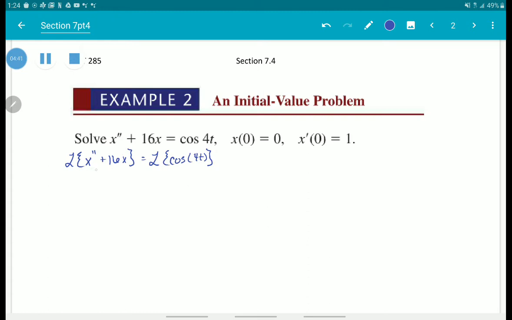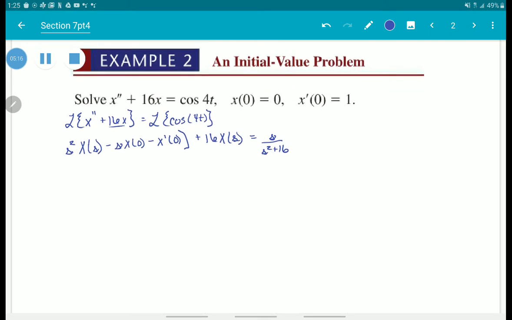So if we take the Laplace of x double prime, we'll get s squared, capital X of s, minus s x of 0, that's your initial condition, minus x prime of 0. And then take the Laplace of the 16x, 16 X of s. And that's going to be equal to s over s squared plus 16. That's coming from taking the Laplace of cosine of 4t.